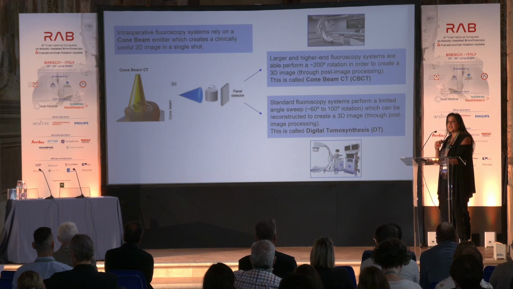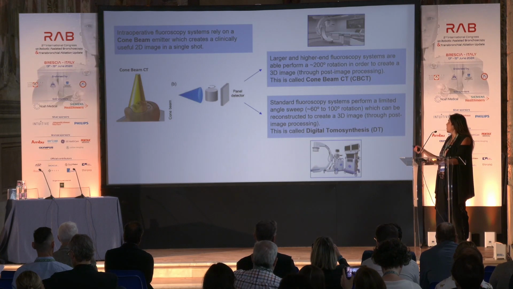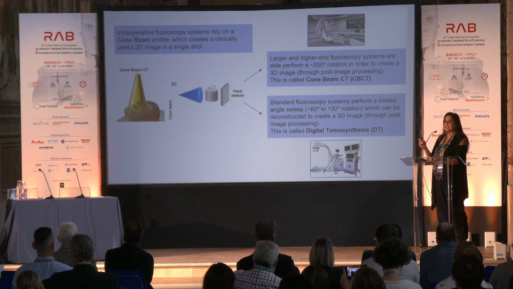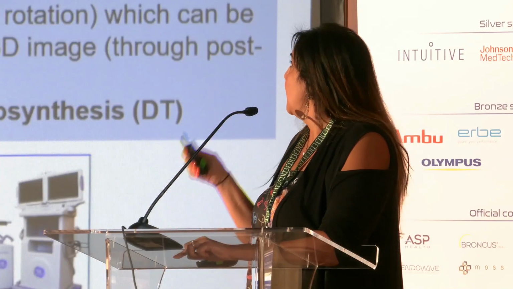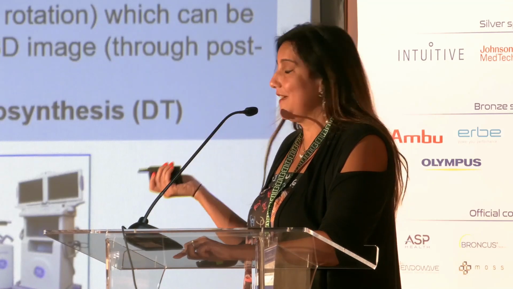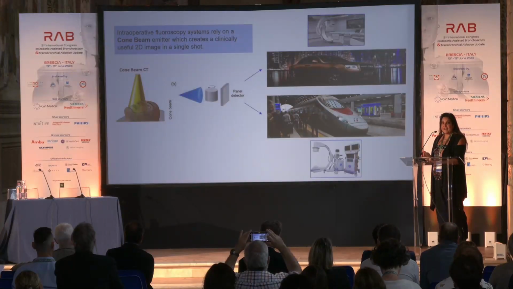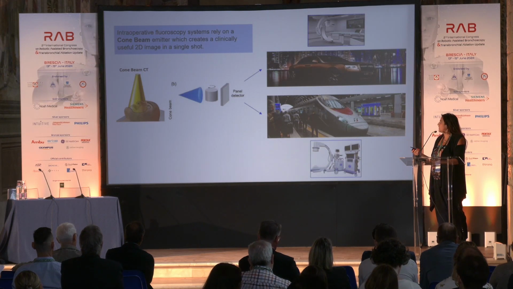However, if you're only going 30 to 30, so a 60-degree spin, you're taking those 2D images, going into a processor, and making it 3D imaging. This is digital tomosynthesis. This is the difference between the two. Cone beam CT, again, is the Bentley. This is the train. They both get you what you need. It's just the amount of imaging and the clarity that you're getting.